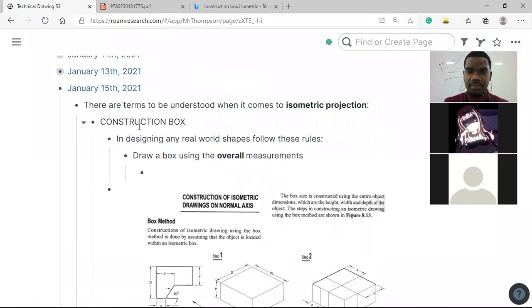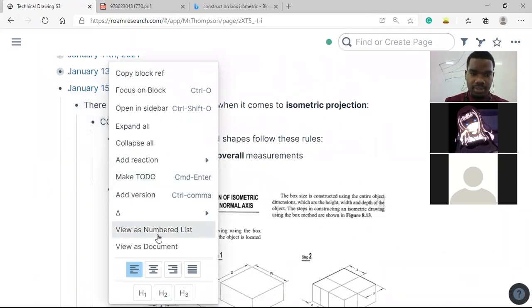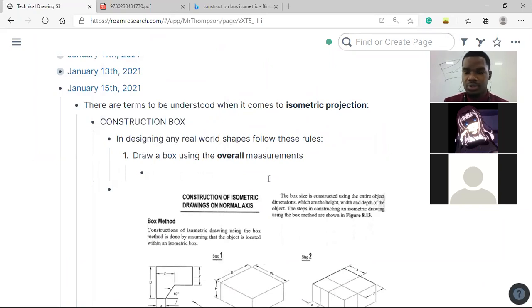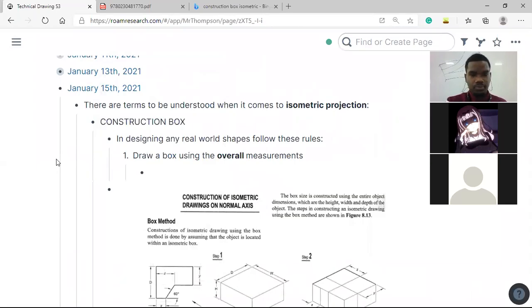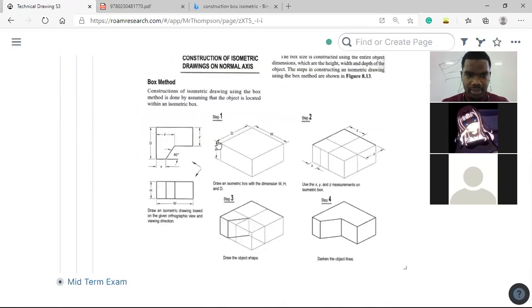All right, so the first step was that, let me number it. You draw a box using the overall measurements, right? So look at this for me. The overall measurements of the length, the overall measurements of the width, and the overall measurements of the height, okay? So using the example, let me give you this one right here.